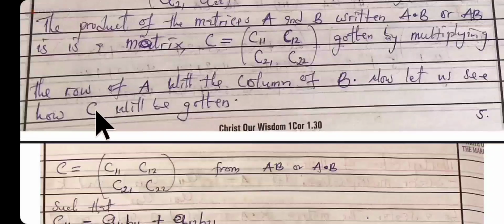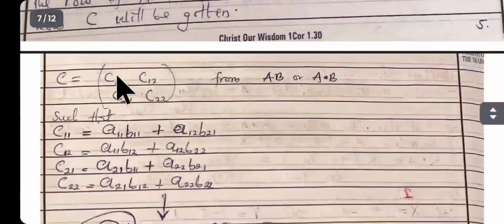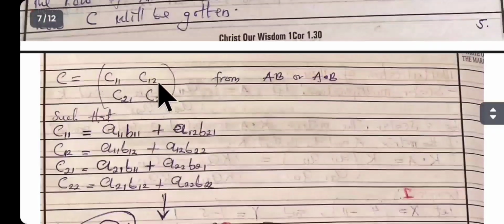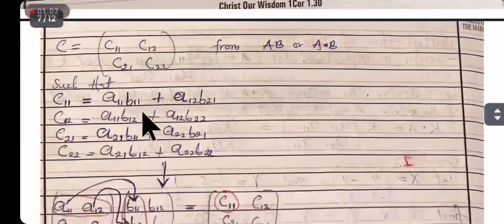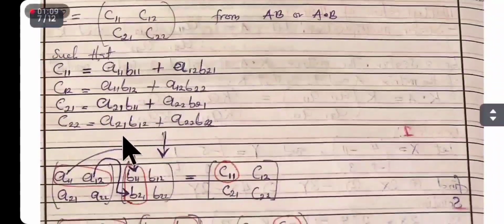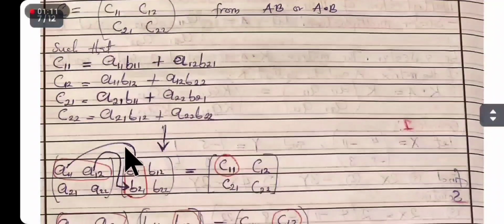Now let us see how C will be gotten. C is equal to C11, C12, C21, C22 from AB or A dot B. So how do we get C11? To get this C11, look at what we have here.